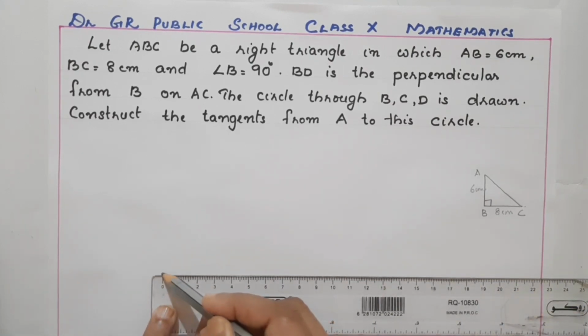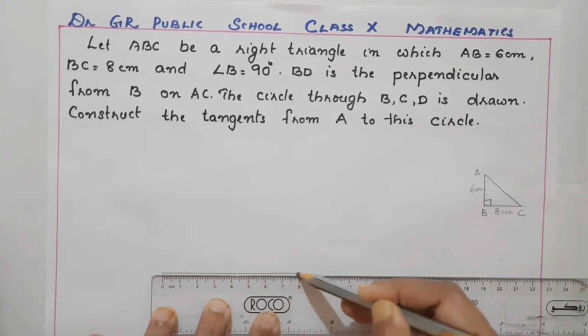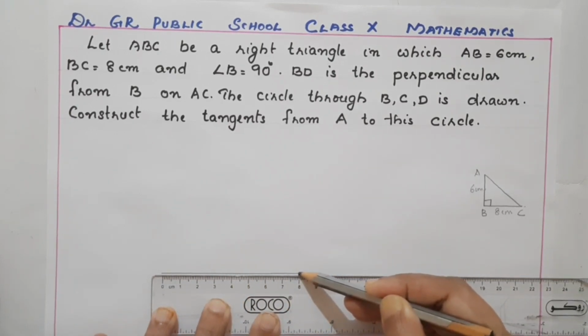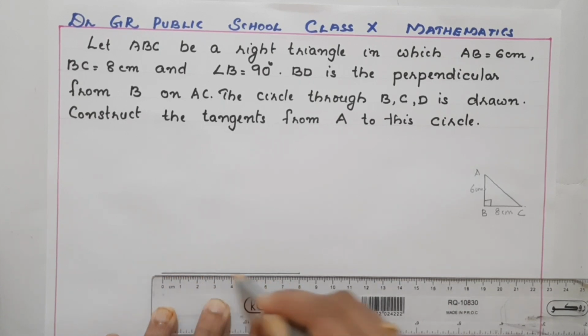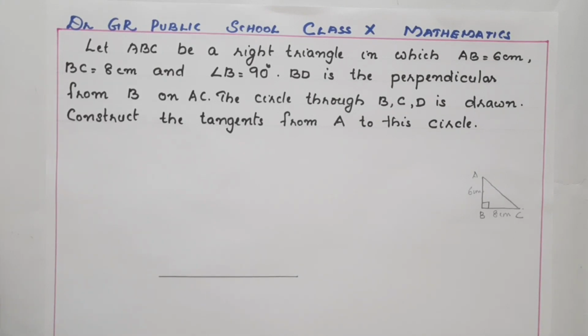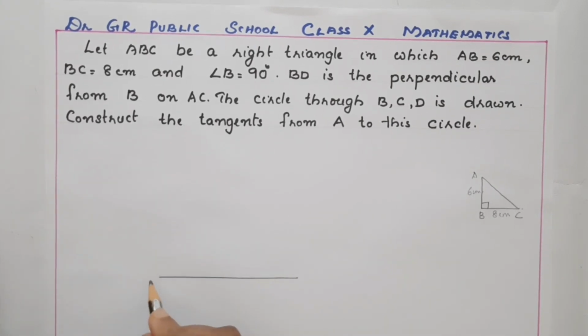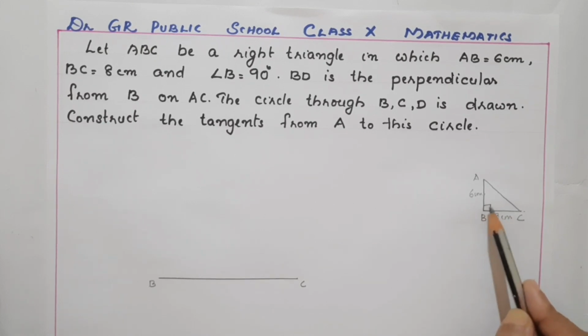So BC is 8 centimeter. So this is BC. Then we need 90 degree here.